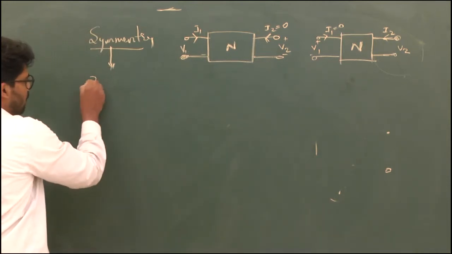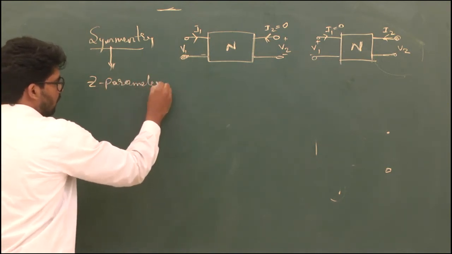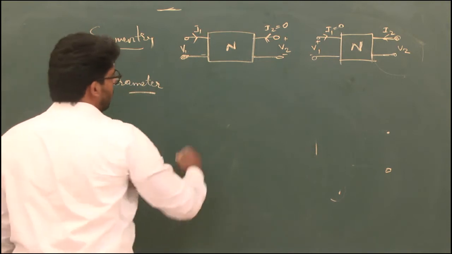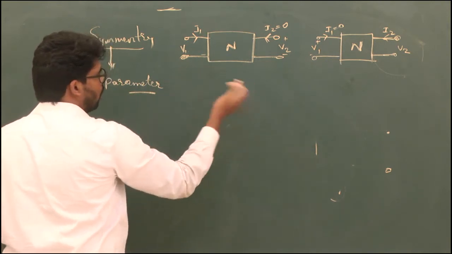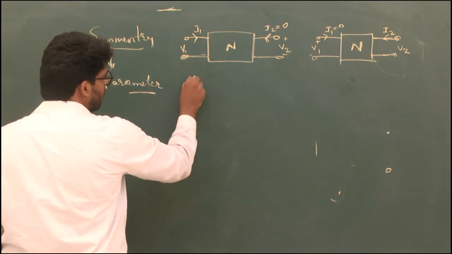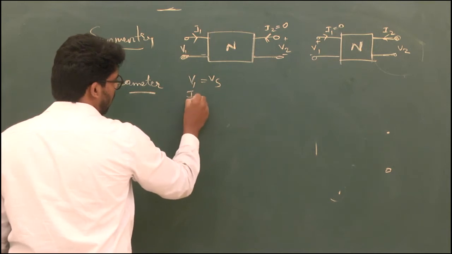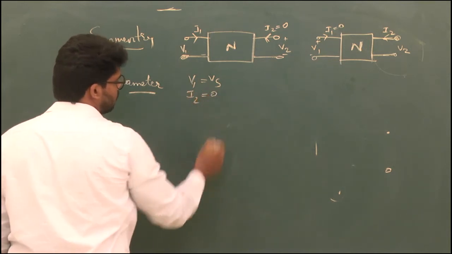Let us take a Z parameter. In Z parameters, for conducting the experiment, both output sources and input sources should be equal. So we assume V1 equals Vs and output current is 0.